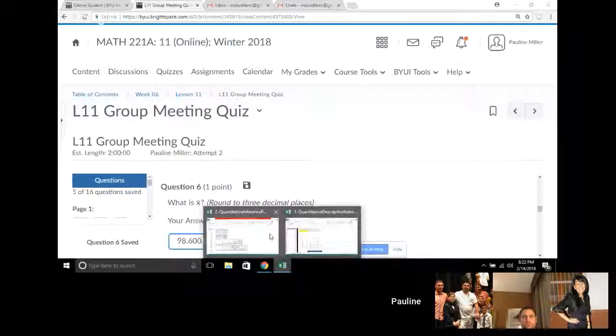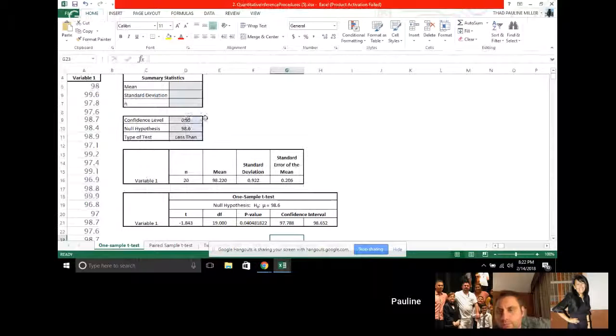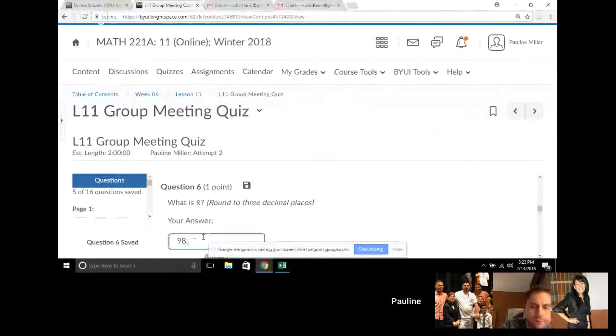I thought the X bar was first plug in the value of the null hypothesis, and then it will give you the X. Okay, there's the null hypothesis, and then here's the mean. What's the value? It's 98.22. Yeah, that's the answer: 98.220.